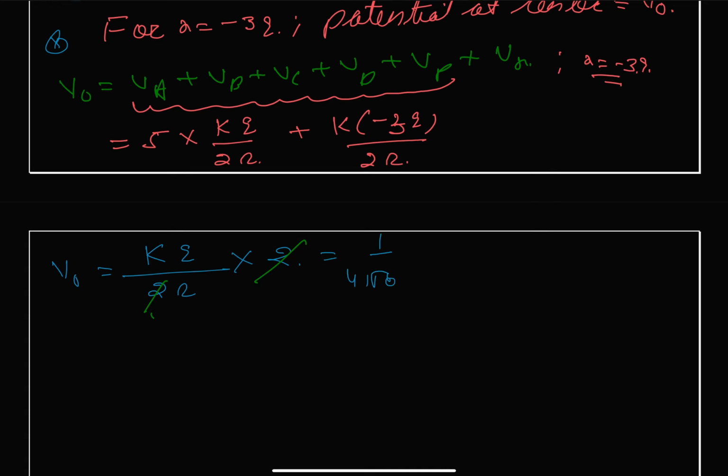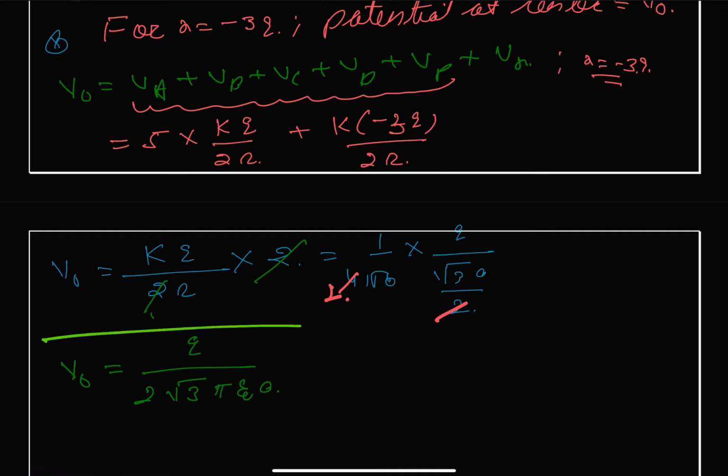This is our q, and r is square root of 3a divided by 2, and 2 and 4 go by 2, so we get our V naught will be equal to q upon 2 root 3 pi epsilon naught times a. So this is when the charge is minus 3q.